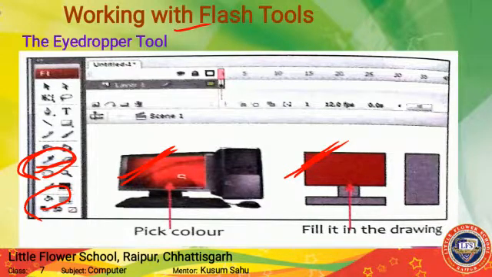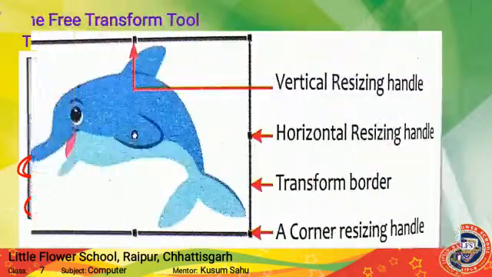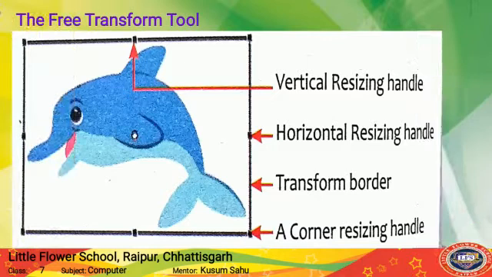Now we will see another tool, that is the free transform tool. The free transform tool allows us to resize, move or rotate an object drawn or imported on the stage. This type of tool is basically used to resize, move, or rotate our picture which we have on our stage.